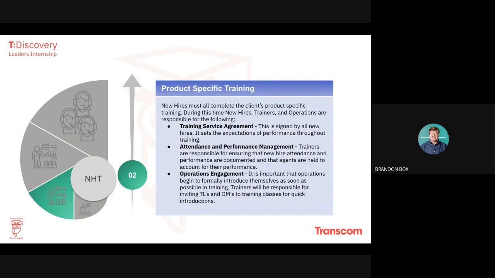However, if you do not receive the invite, please feel free to reach out to trainers and ask them to come in. This is a critical step in ensuring that people are comfortable with everyone on the team. For new hires, anxiety is very high, and this helps to lessen that anxiety.